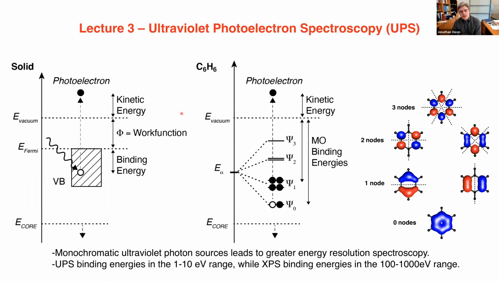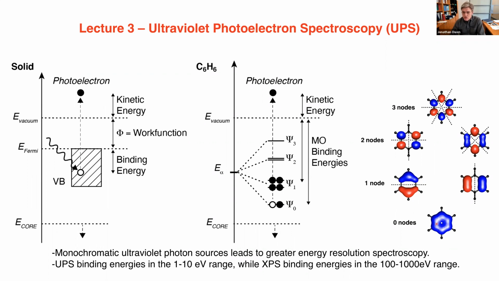So in a molecular ultraviolet photoelectron spectroscopy experiment, you have the same exact thing, except now we have well-defined molecular orbitals as opposed to a band of orbitals. In the case of benzene shown here, I've shown you the MOs.